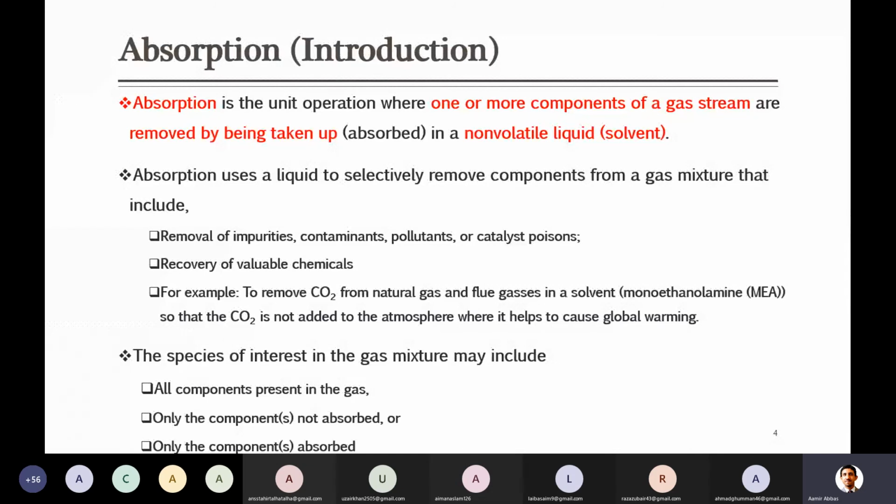So it depends on your application: either the thing which is absorbed is of benefit, or the thing which is not absorbed, or sometimes both of the gases can be of benefit. Because we use this technique a lot in industry, most of the time the gases which you are capturing are also used in some next operation, as well as those which are not captured, which can be of benefit.